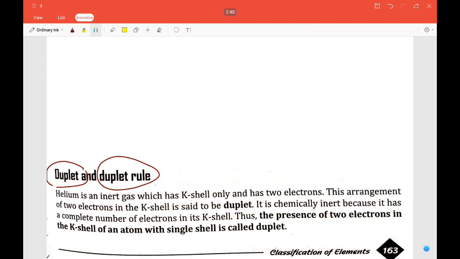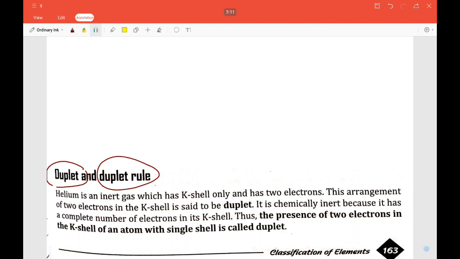Here 2 is a fixed number and n is the number of energy level, like first, second, third and fourth, etc. K 2, L 8, M 18, and O 50, etc. Already discussed.